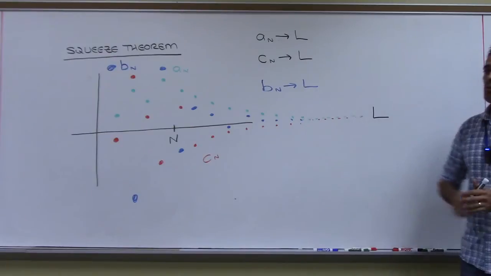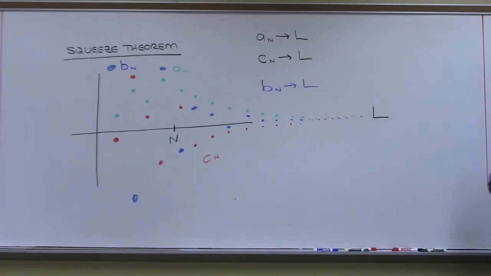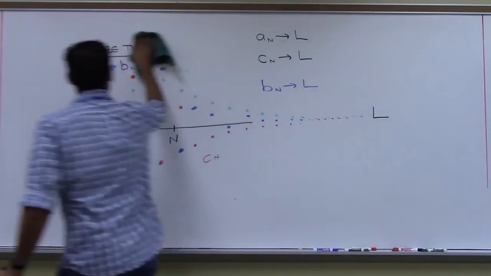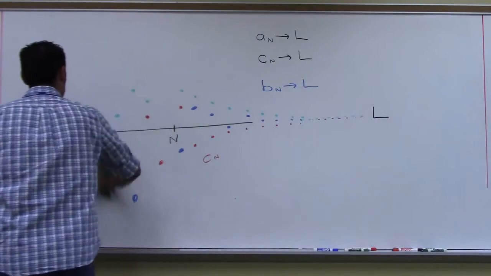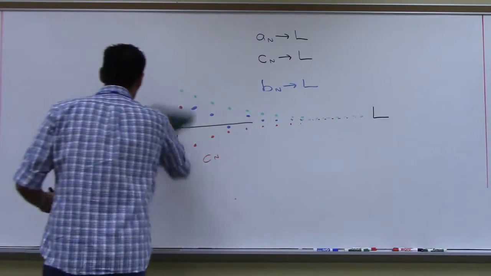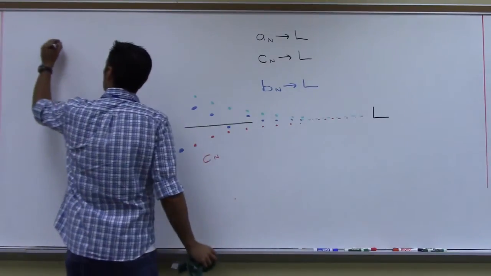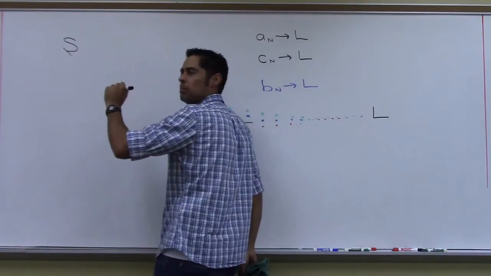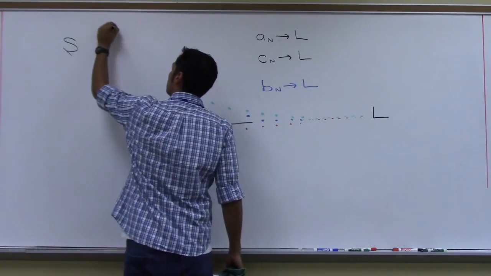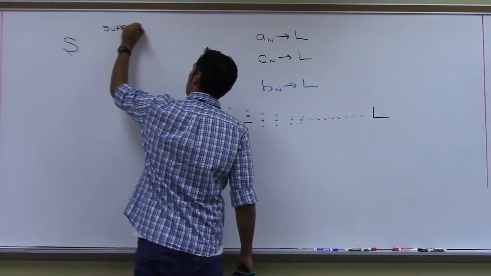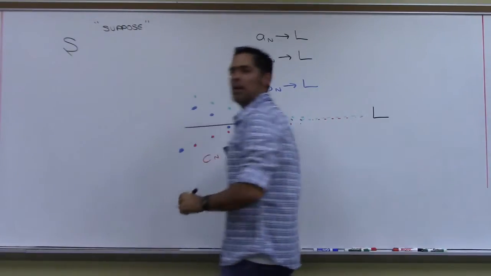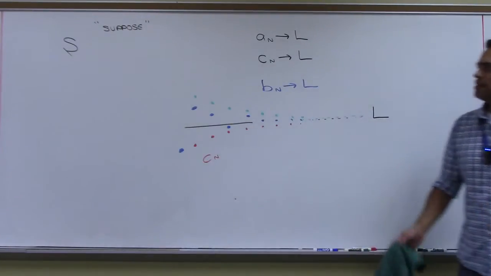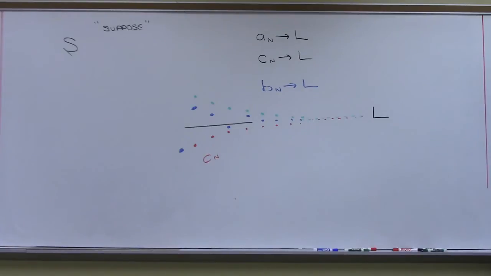But let me write it down more formally, because this is not formal enough. Here's the way the squeeze theorem should be written. Have I told you what that means? No? All right, may as well do it now. That's not me making up my own math here. That's the mathematical symbol that we use for the word suppose, all right?